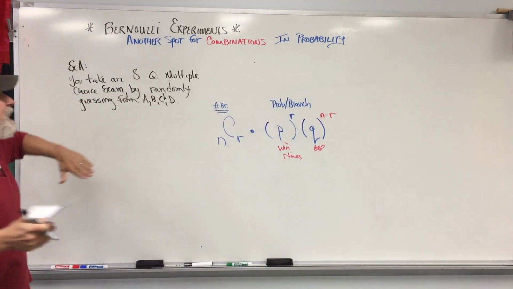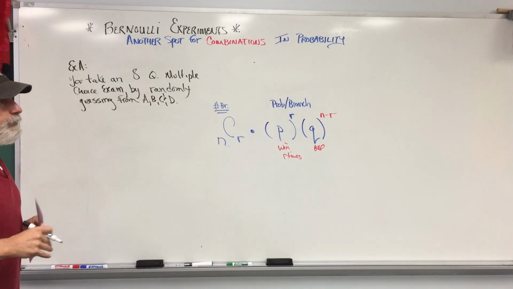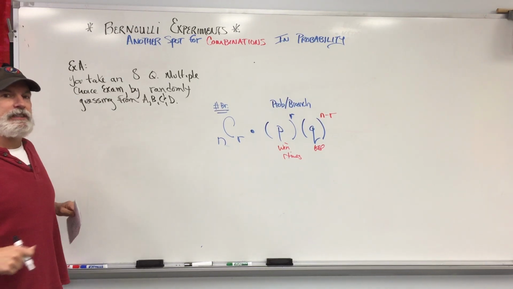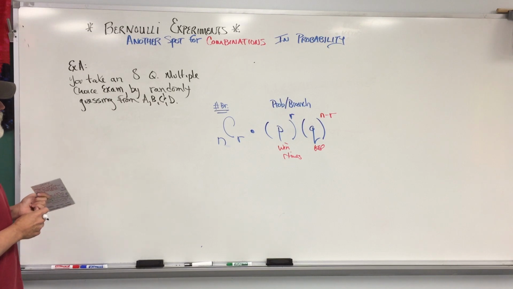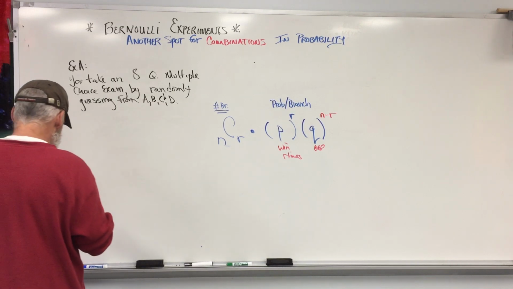Don't even read the questions. You've got to get done. You've got places to be, all right? And you're feeling lucky today. So that's the event that's going on, okay?